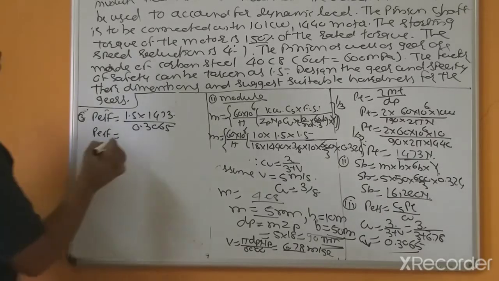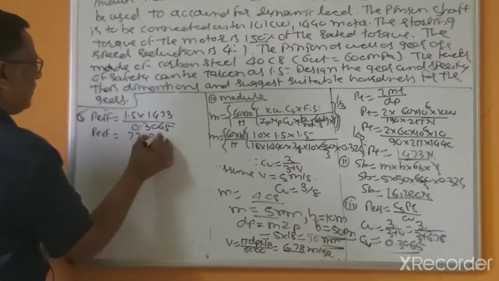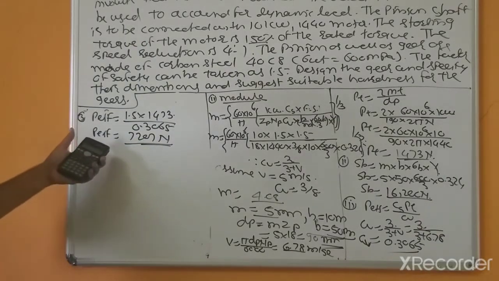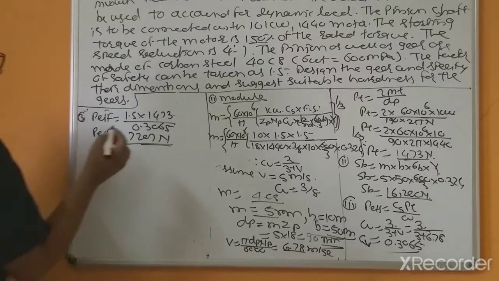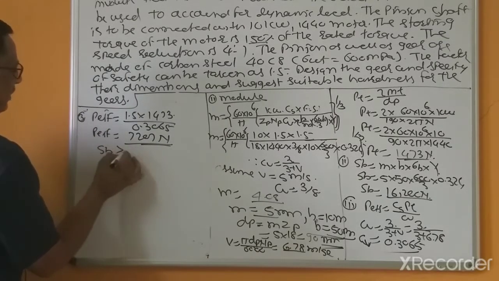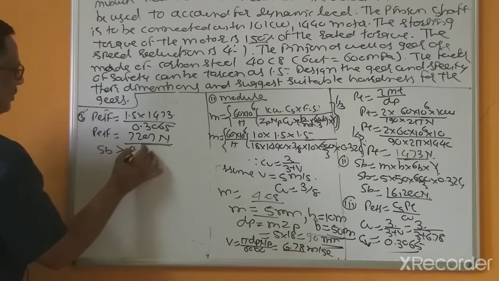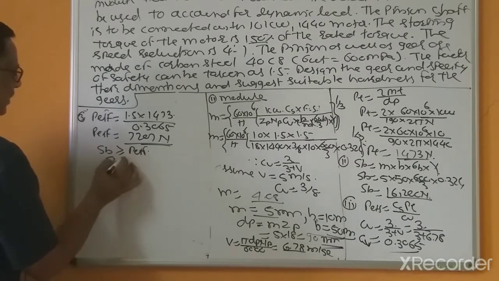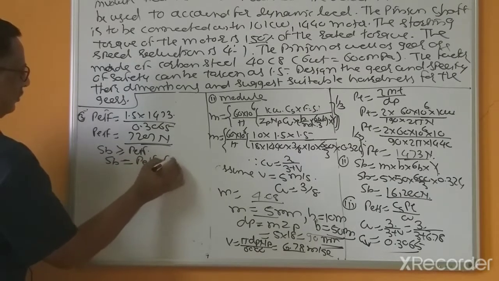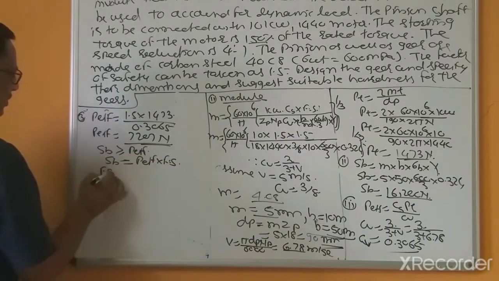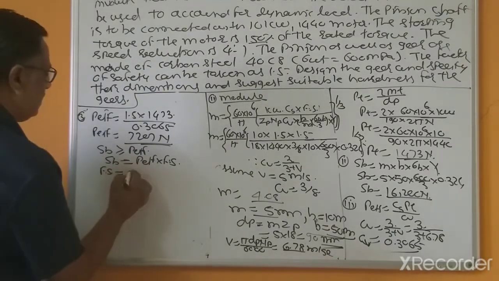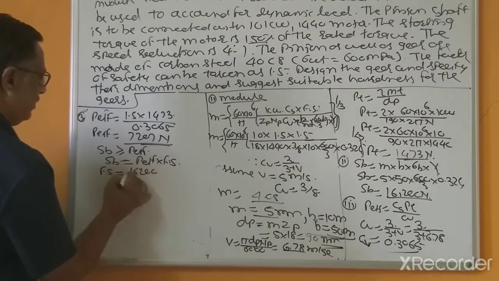So this is 7207 newtons, the effective load. So beam strength equal to effective load multiplied by factor of safety. So beam strength equal to how much? That is 16,200 divided by.